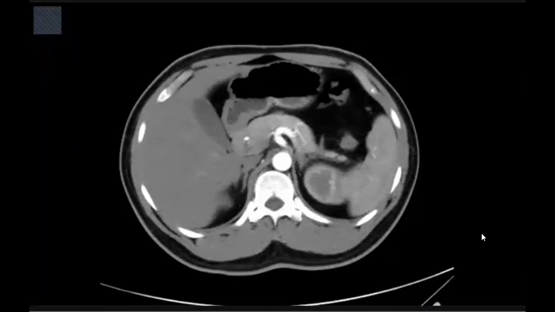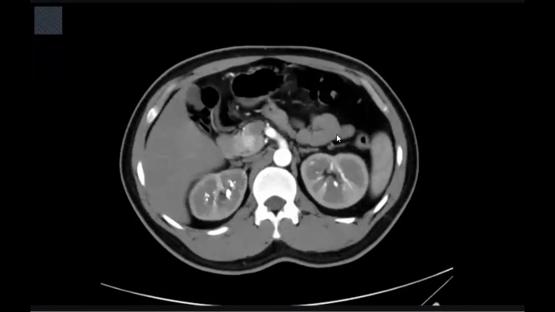I'm thinking on the lines of mucinous or serous cystadenoma. But as the patient is young, I'm thinking more on the lines of mucinous cystadenoma, or it can be a residual pseudocyst of the pancreas from a previous episode of pancreatitis. However, at present, no peripancreatic fat stranding is noted.